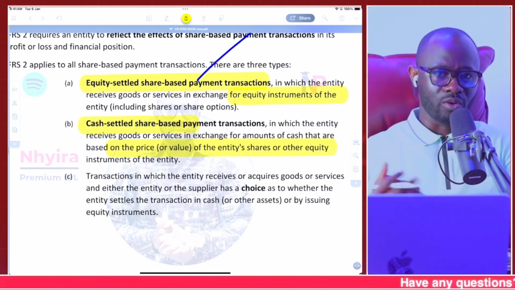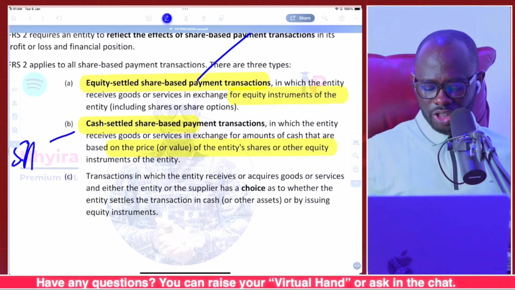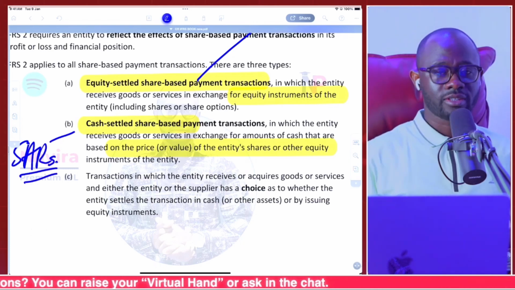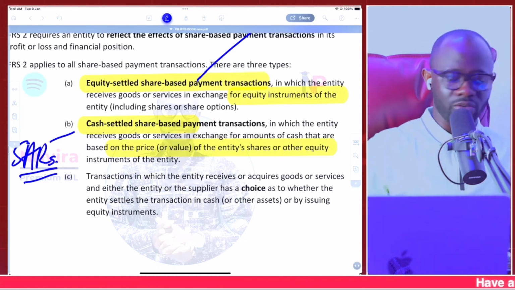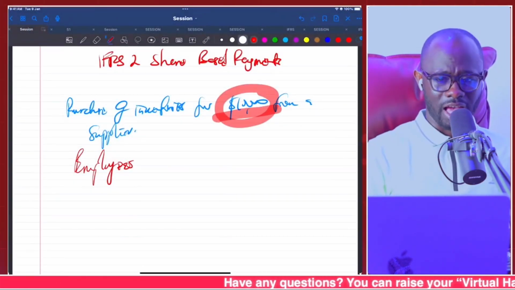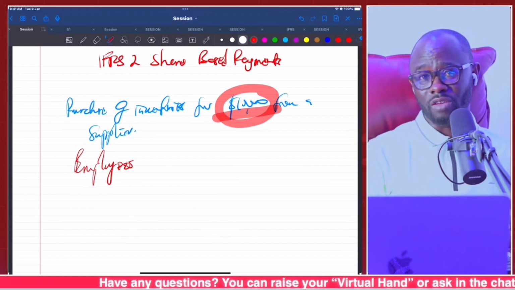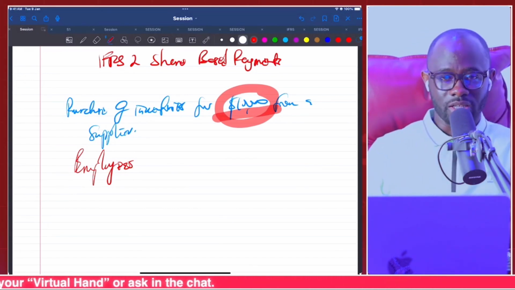That's the second one. And to employees, usually that will be called share appreciation rights. And we'll come down to that in a moment. So we will give you money though. So hey, supplier, guess what? We'll give you some 10K. But the money we'll be giving you will be based on the value of the shares of the company. And we'll come back to that in a moment.